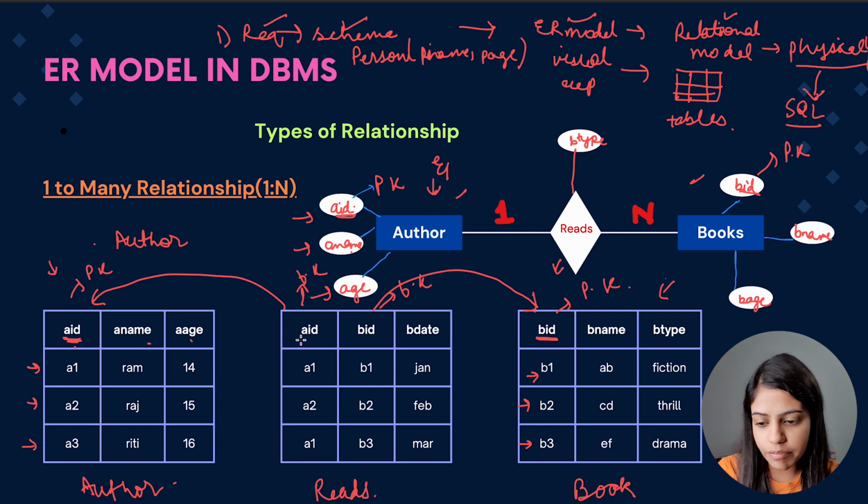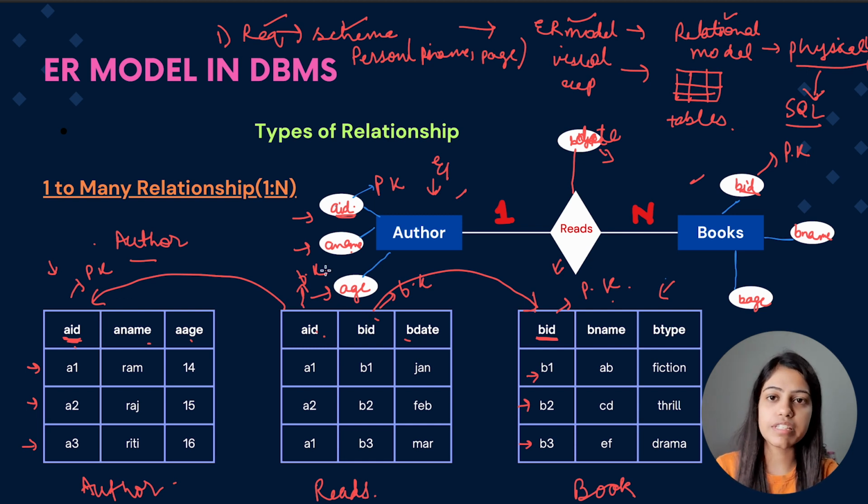So basically I'll give the primary key of the author table here, I'll give the primary key of the book table here, and the descriptive attribute of relationship table, that is b date, this is not b type, this is b date. So I'll give the descriptive attribute, I'll give the primary key here, and I'll give the primary key here. Now these both would be acting as a foreign key. As I told, now what is foreign key?